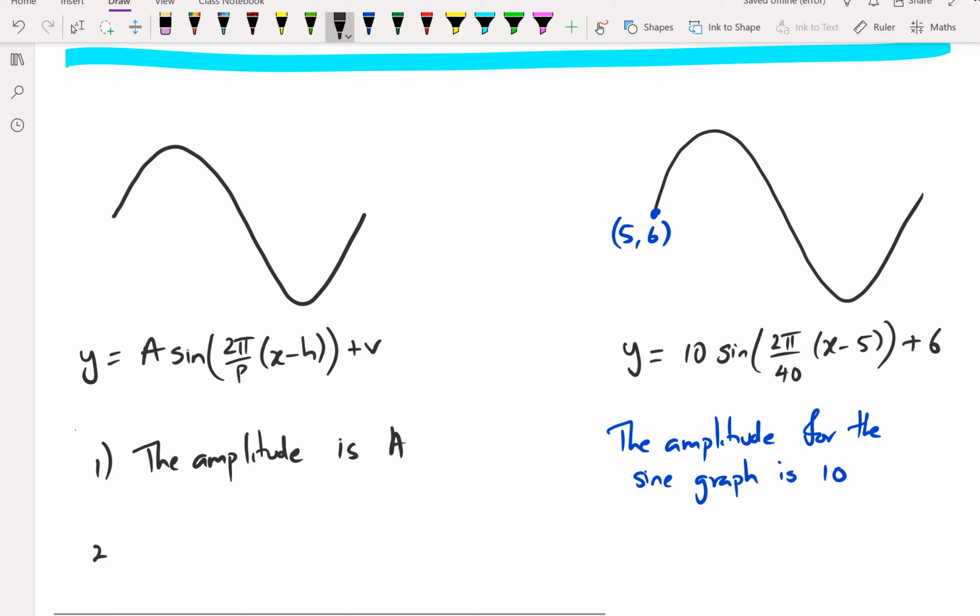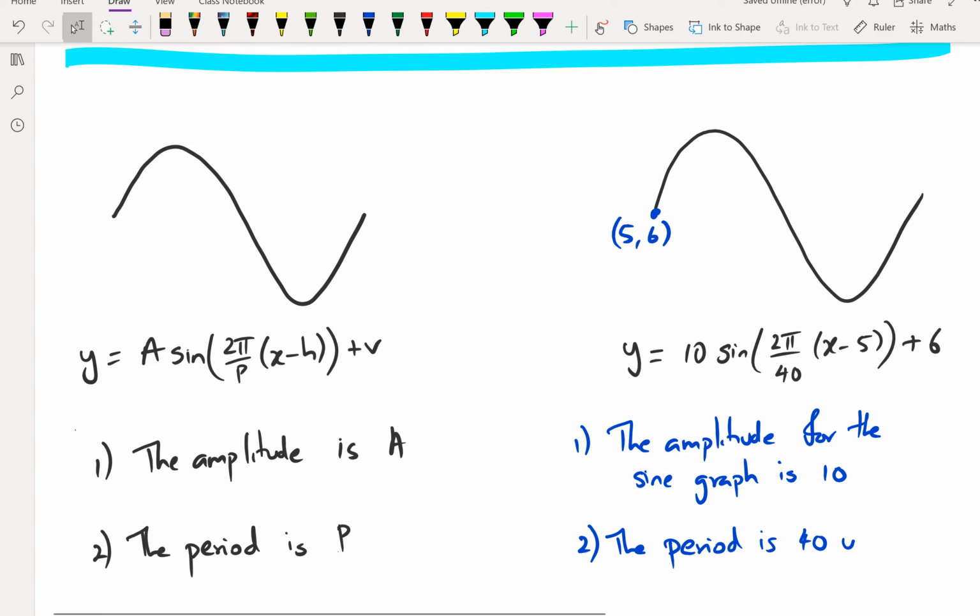The next thing you can talk about is the period. The period is P. So for our example, we write the period is 40 units.